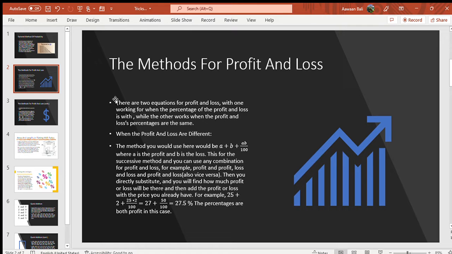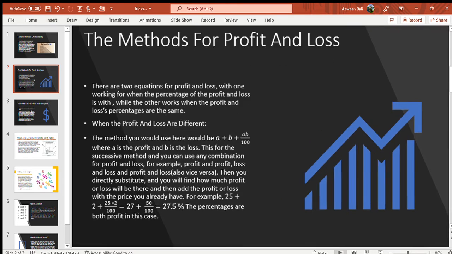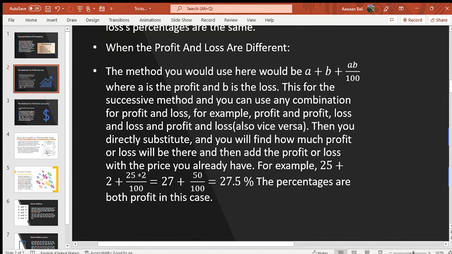So basically how this method works is that you would substitute A and B, and then when you calculate it, you get how much it will increase by and how much it will decrease by. So here we have both of them having a profit, because the B hasn't become a minus, or the A hasn't become a minus negative number either.